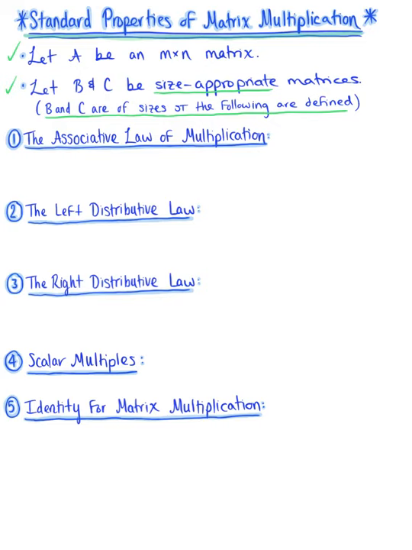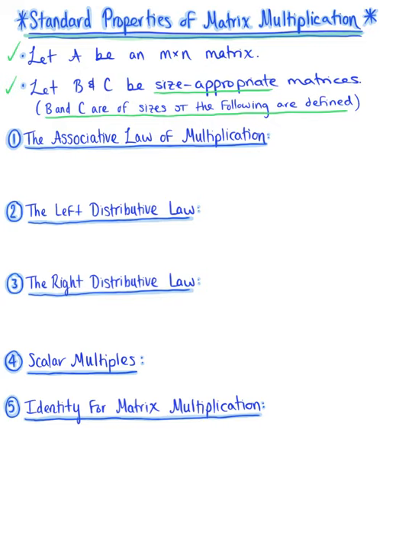Because we know that the number of columns of the first matrix must be equal to the number of rows of the second matrix for multiplication to exist. We also know that two or more matrices need to be the same size for the sum to exist.